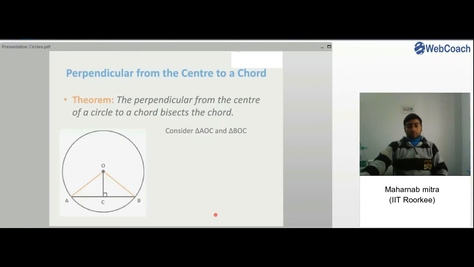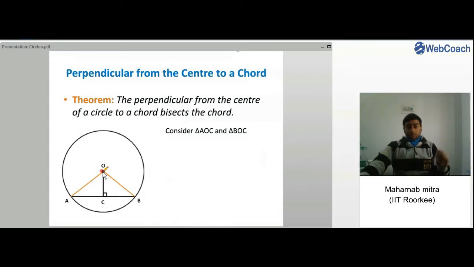Now let us see how. Let us do a simple construction. We join OA and OB to make the solution simple. Let us consider triangle AOC and triangle BOC.